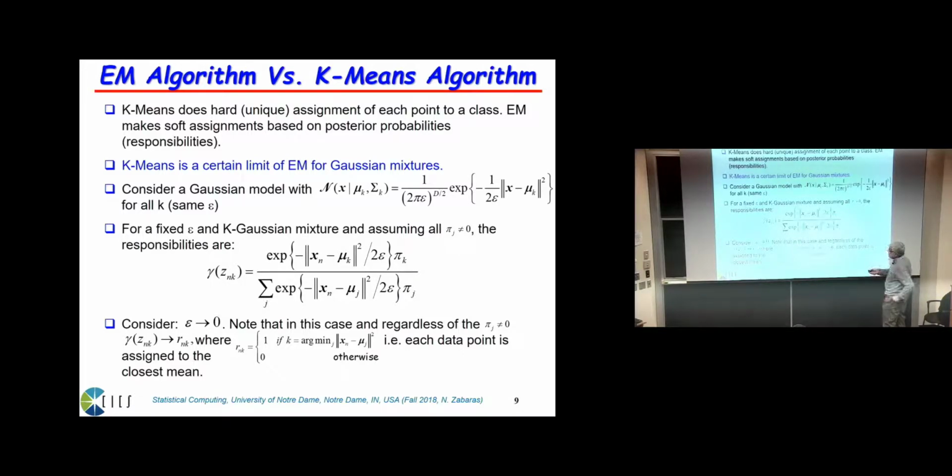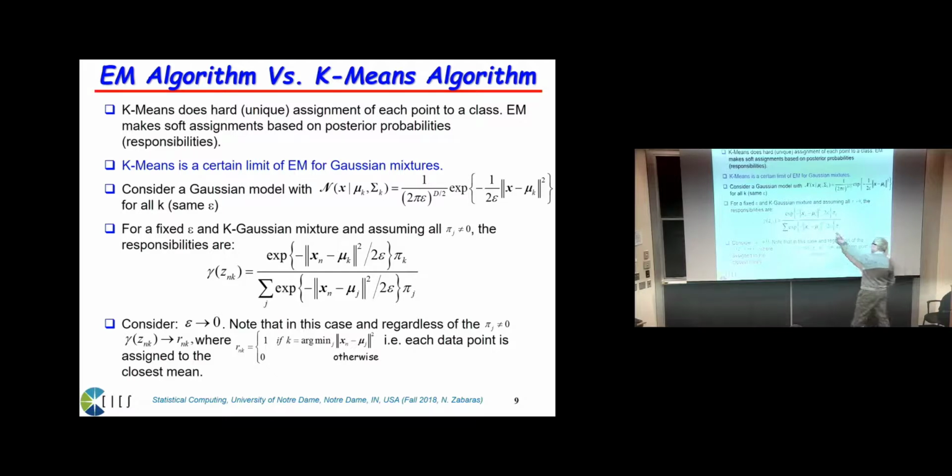Okay, and that leads basically to the fact that the responsibilities are equal to the strong assignments of the K-means algorithm, where this goes to what we call r_nk, and r_nk is 1 when k is the argument that minimizes the distance of x_n from all the centers m_j. There is a minus sign there, right? I'm looking actually for the maximal term on this, but because of the minus sign, when you look at the square there, I want to minimize.